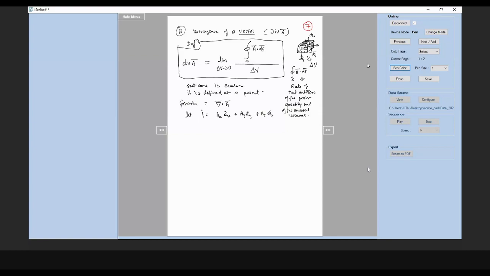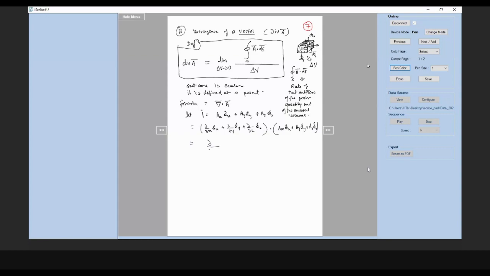If this is the case, then with this formula, del del x a cap x plus del del y a cap y plus del del z a cap z, dotted with Ax a cap x plus Ay a cap y plus Az a cap z, means only similar directional products would persist.